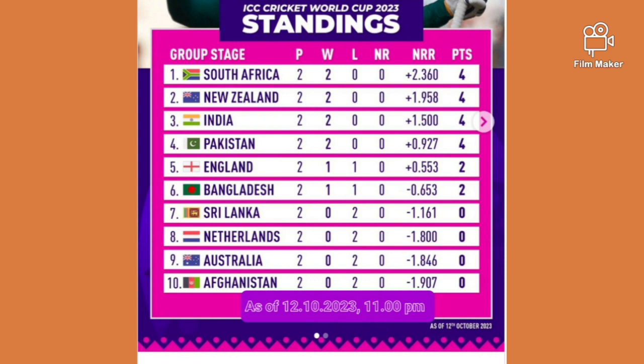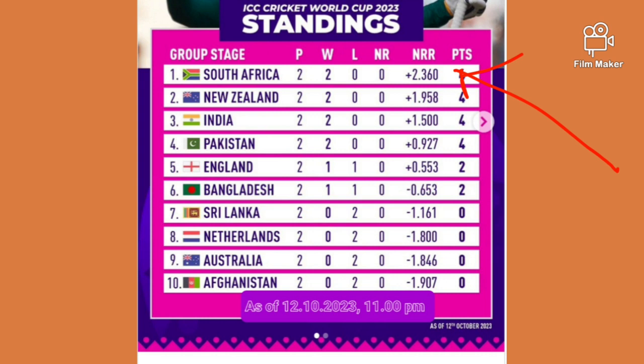The point table is given here, and we can find that India, after 2 wins in the 2 games, get the net run rate plus 1.5, where Australia, losing 2 games, get the net run rate minus 1.846, and South Africa, winning 2 games against Australia and earlier against Sri Lanka, are at the top with plus 2.360 net run rate.